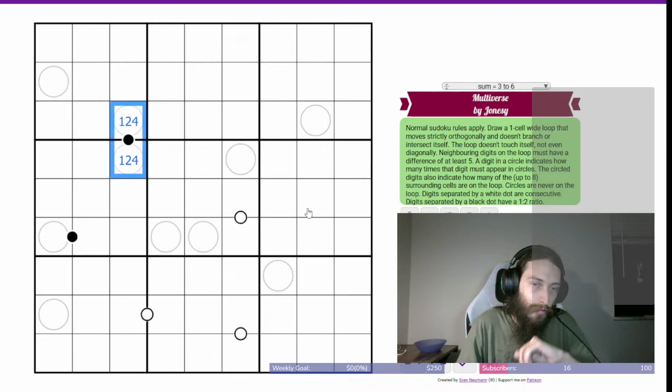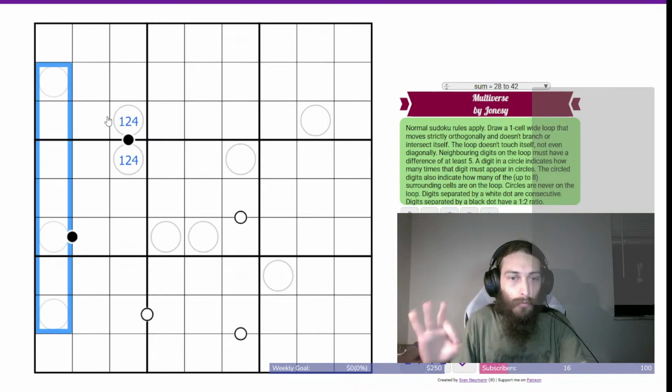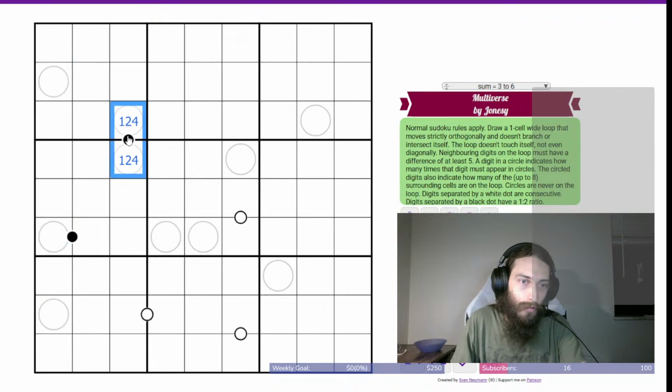If it was only 3 digits, but we know that 2 has to occur. So does that mean it's 1 through 4? All 4? Because if it was only 3 digits, this is proof that 2 has to exist.